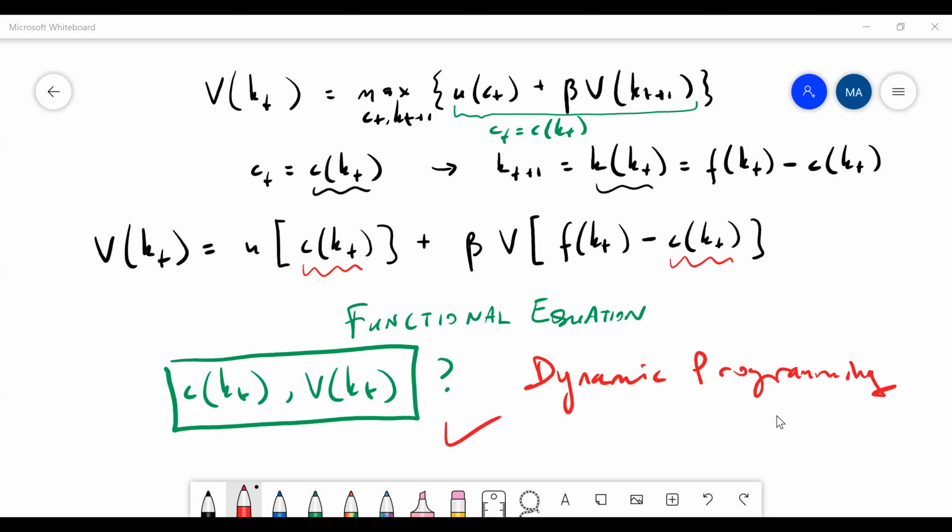At the very end, we're going to find policy functions. As you see, the function does not change, only the argument changes. Once we solve this problem through dynamic programming techniques, we find the policy function that does not change in time.